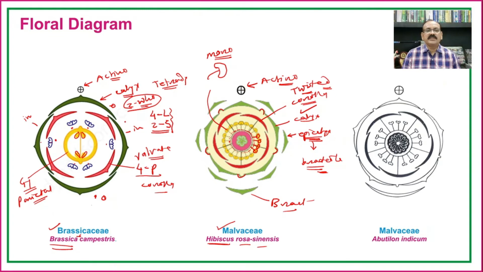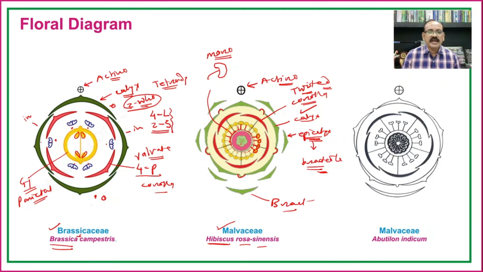So, the same condition is drawn in the floral diagram. Again, all the filaments of these stamens fuse together, forming this bundle that is known as the staminal column. It means the monadelphous condition is also seen in this floral diagram.